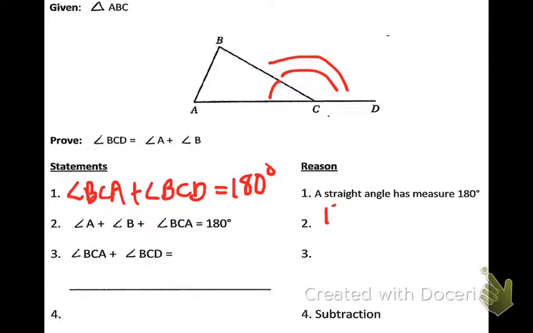The triangle sum theorem, that the angles of a triangle add up to 180. Alright. Now, step 3. You have to come up with both the statement and the reason. What would be the next thing that would follow from this? What do you think would follow? Angle BCA plus angle BCD is equal to what?